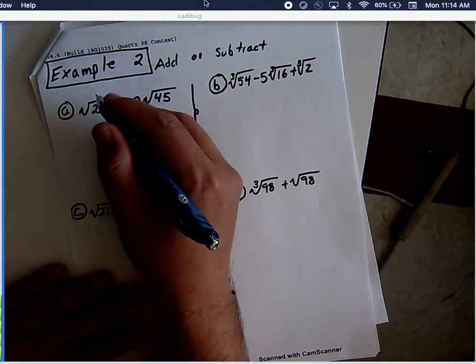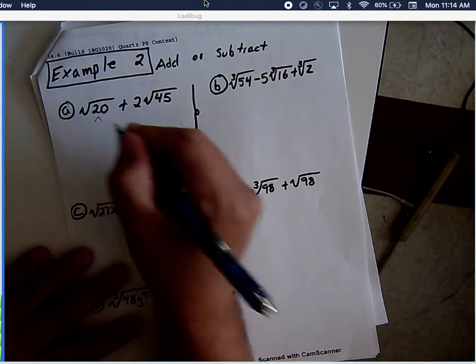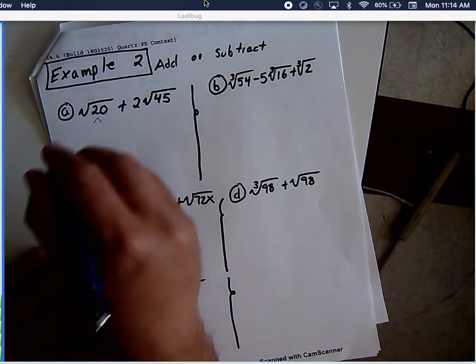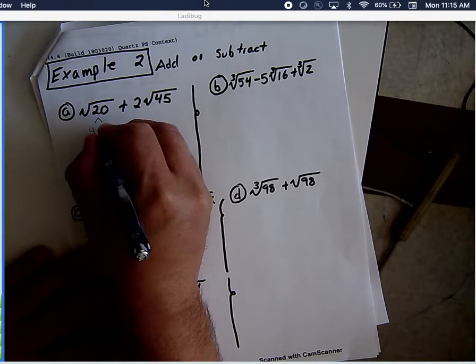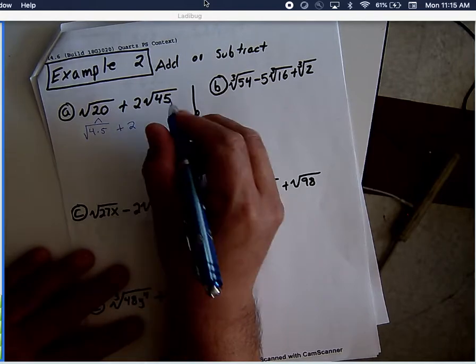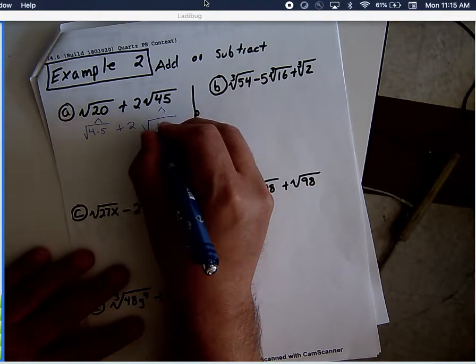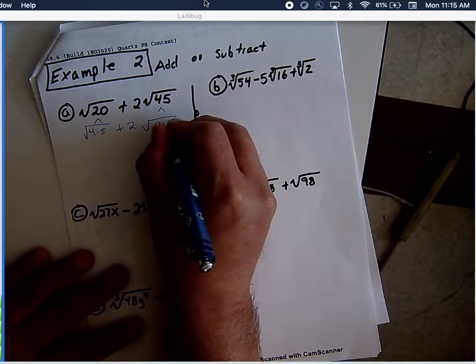So this one, the 20 can be 4 times 5, square root of 4 times 5. And this one can be 9 times 5.